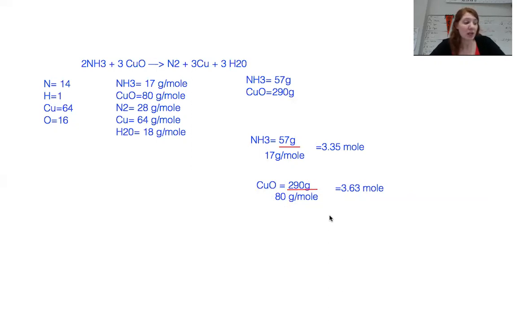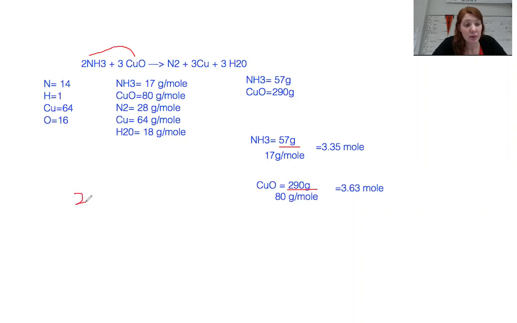Now we need to do our mole to mole ratios. So in order to find those, you look back up at the problem. In this case, we are just talking about the ammonia and the copper oxide. So a 2-to-3 ratio, 2 to 3. Do you see we're talking about these two guys right here, 2 to 3.